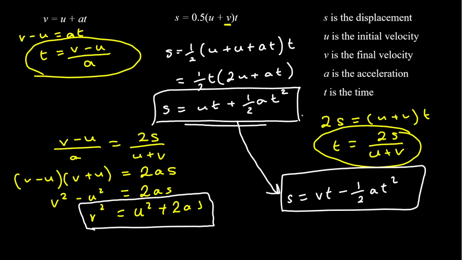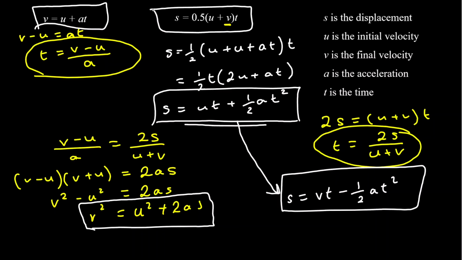So now we have these 5 formulas we can use, and each formula is missing one of the letters from SUVAT. So there's one without s, one without u, one without v, one without a, and one without t. So we always know which one to use by knowing which letter is not in it.